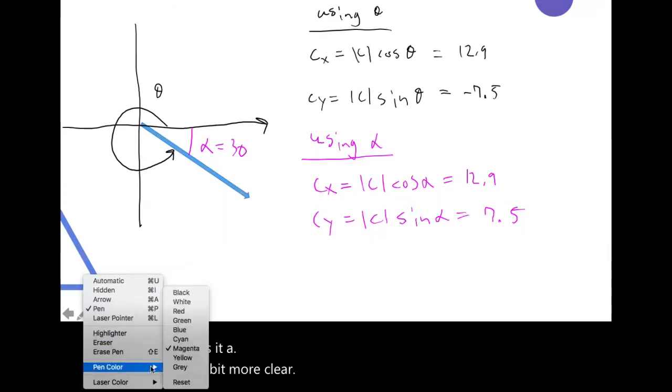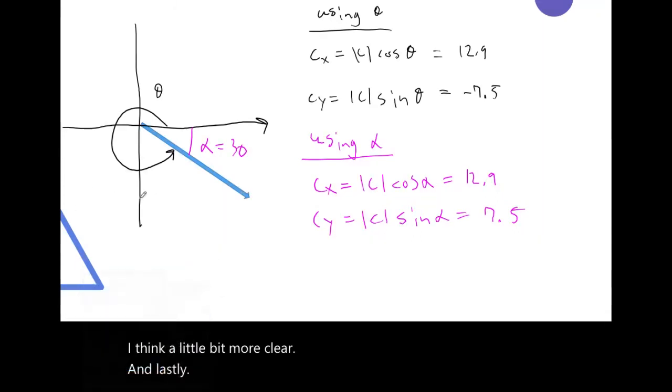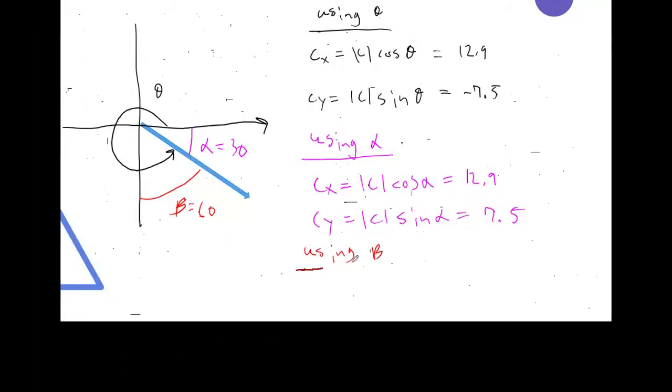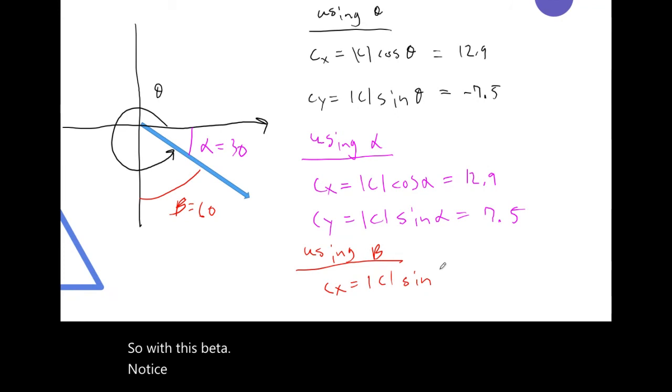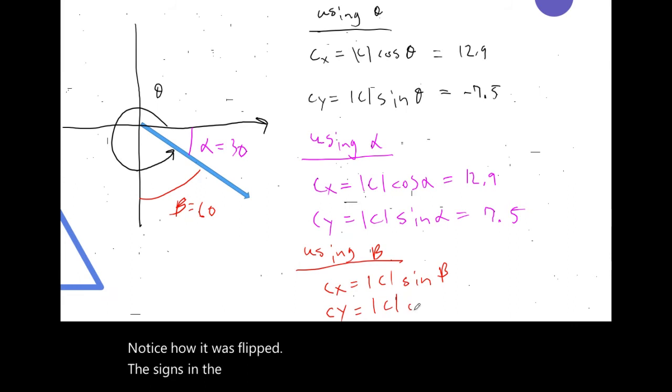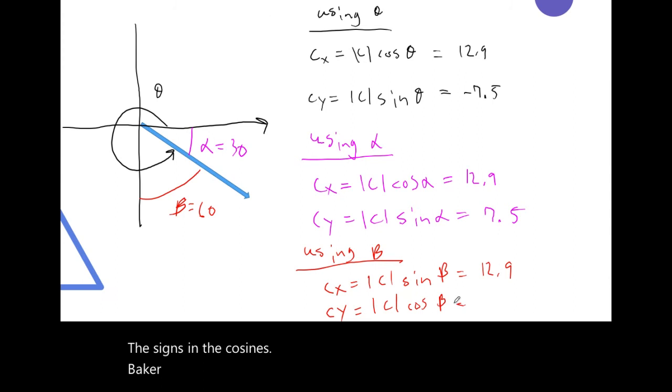And lastly, when we use beta, notice how it was flipped, the sines and the cosines. Let's cosine beta. Boom. Okay.